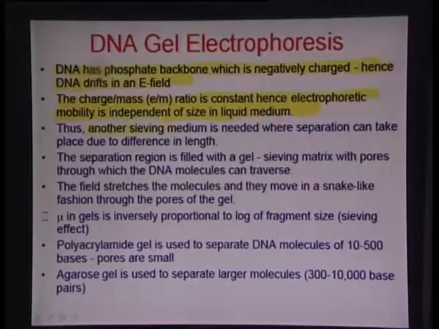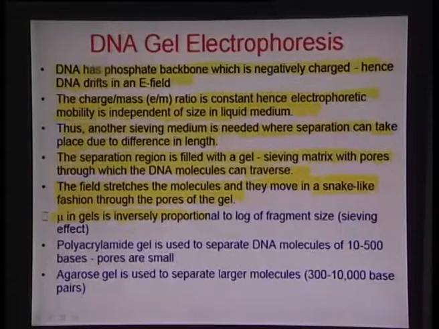So another sieving medium is needed where separation can take place due to difference in lengths. The separation region is filled with a gel sieving matrix with pores through which DNA molecules can traverse, and the field stretches the molecules and they move in a snake-like manner through the pores of the gel.